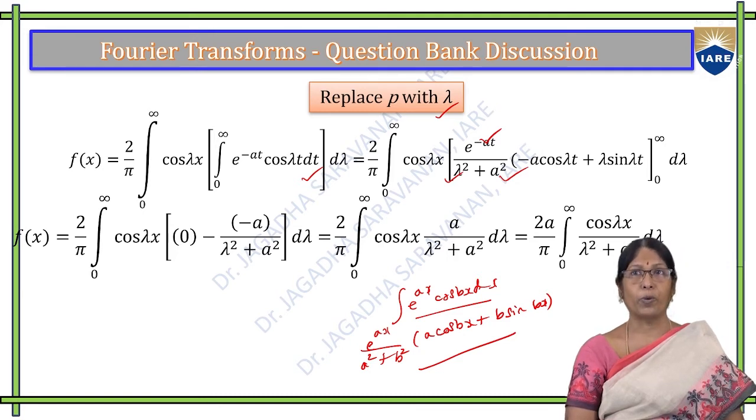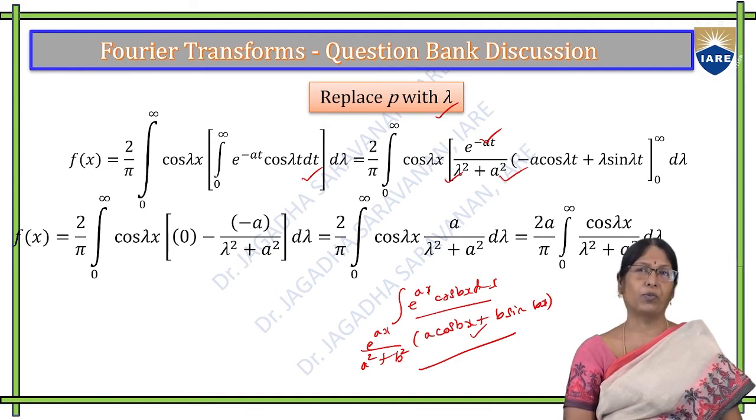So, according to Bloom's taxonomy, we recalled the formula for Fourier cosine integral, and one more integral formula. Then at the second level, understanding, we did the comparison and correctly understood what A and B are in the formula, and what takes their place in our problem, and correctly applied the formula to reach the solution.